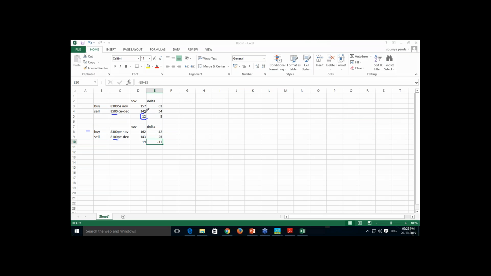Premium invested by me is 12 rupees on the call side and 19 rupees on the put side, which will be my maximum loss. And my delta, which was 62% and 42% if I had bought only the 8,300 call and put, has been reduced to minus 8%, which is a great reduction.